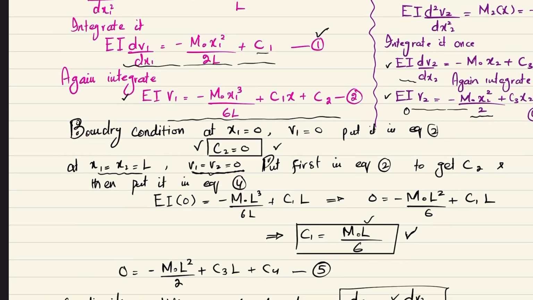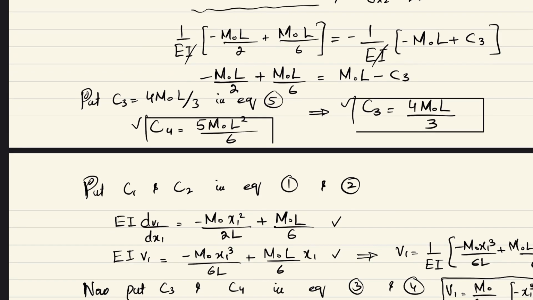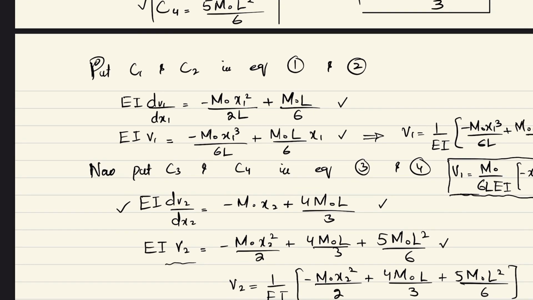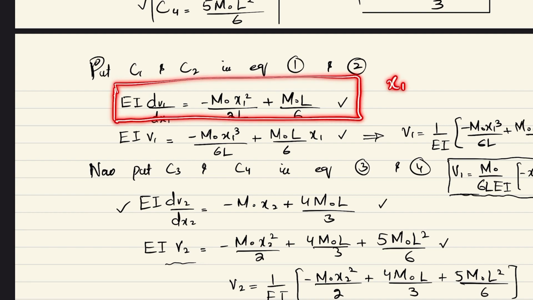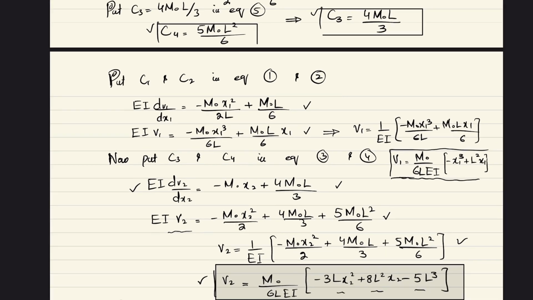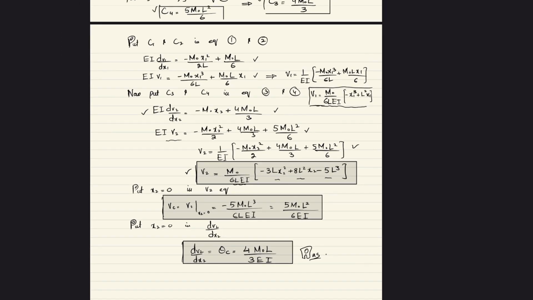So let's move. Where is the equation? I will show you the equation. This is the equation. This is the main equation. So we have to put x1 is equal to 0 in this equation. Okay, so let me put the question number.